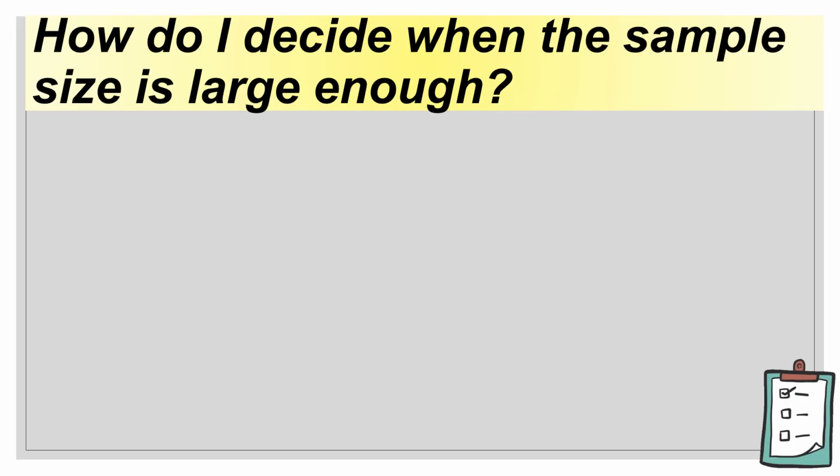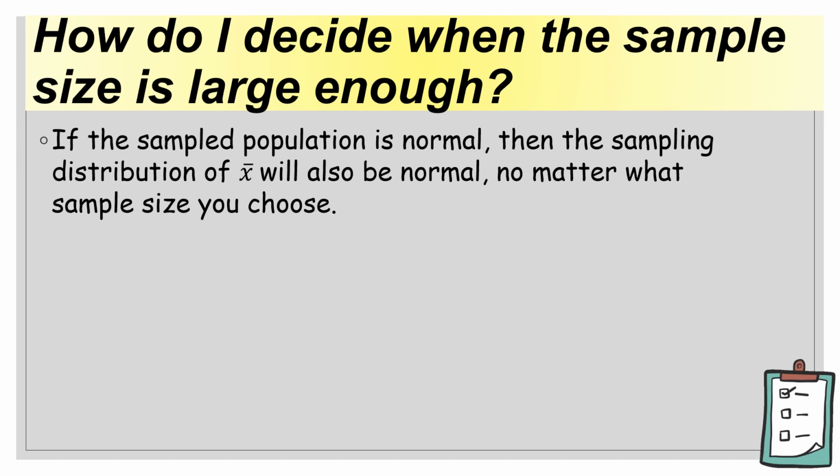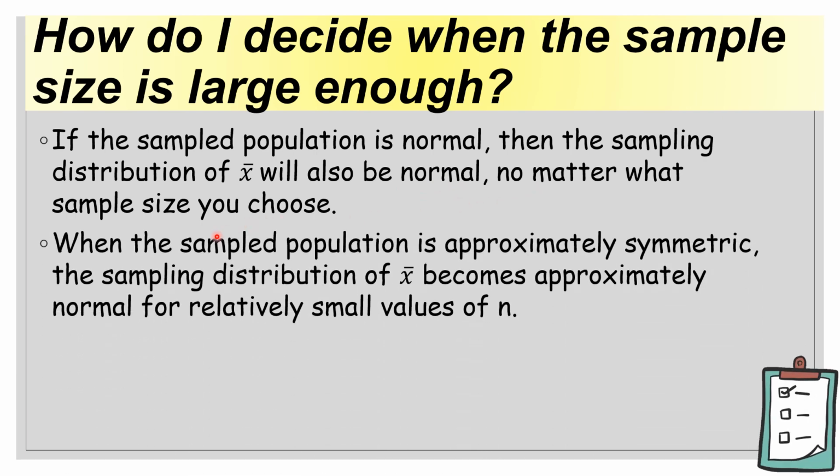But how do you decide when the sample size is large enough? First, if the sample population is normal, then the sampling distribution of X bar will also be normal no matter what sample size we choose. Next, when the sample population is approximately symmetric, you know what symmetric means, right?